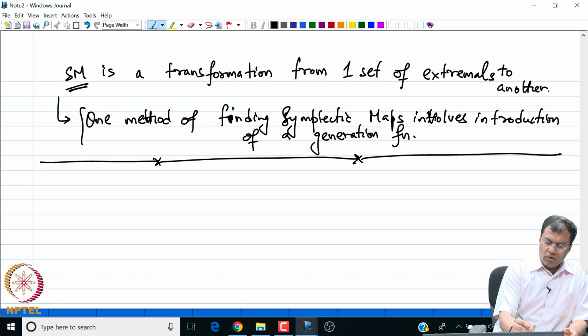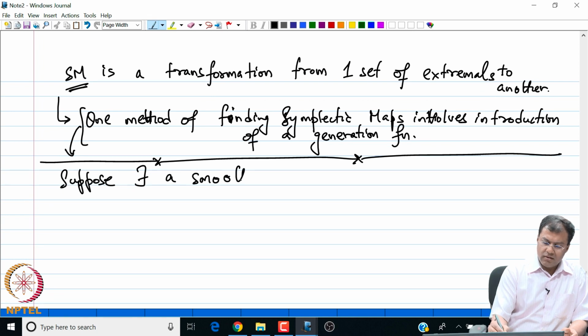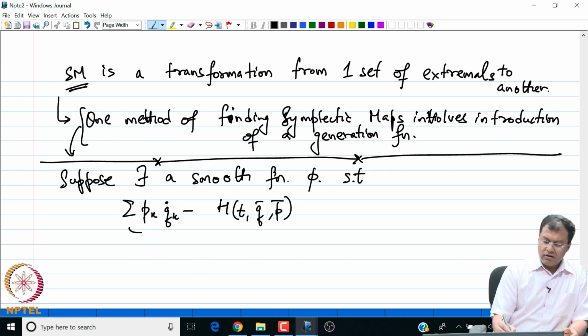I want to elaborate on this statement further. Suppose I am given a smooth function phi. There exists a smooth function phi such that summation p_k q_k dot minus h of t, q bar, p bar. What is this sum? This is the Lagrangian, right?